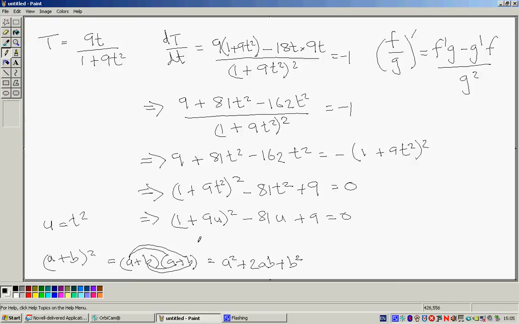So this term here can be expanded. First term squared, or a squared, is just 1 squared, it's just 1. 2ab, so 2 times 1 times 9u is plus 18u. The second term squared, 9u all squared, is 9u times 9u, which is 81u squared.